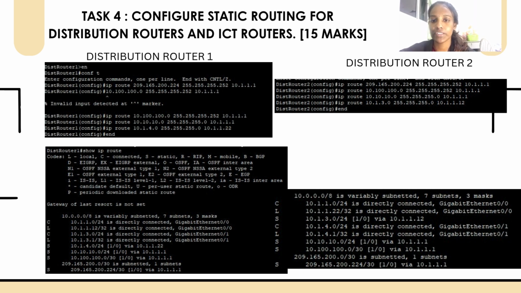To continue, we move on to the distribution routers, which are distribution router 1 and distribution router 2. Both of them must know how to reach the ICT LAN and the web server.